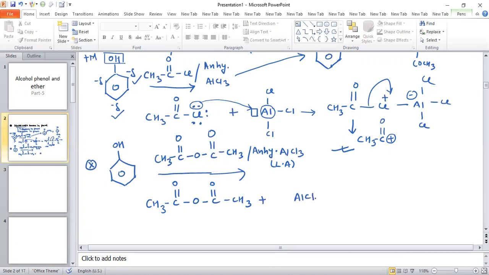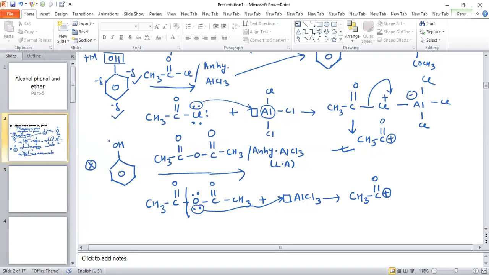This oxygen atom is electron rich and aluminium is electron deficient, so this electron pair will be donated into the vacant orbital of aluminium. Then this bond breaks and the electrophile is generated, which is CH3C=O positive.